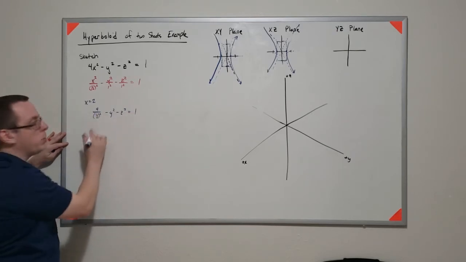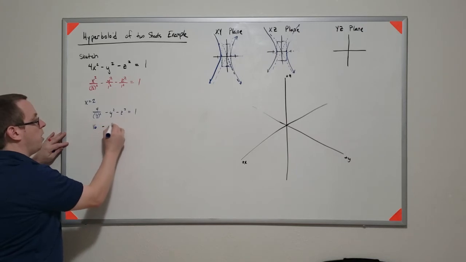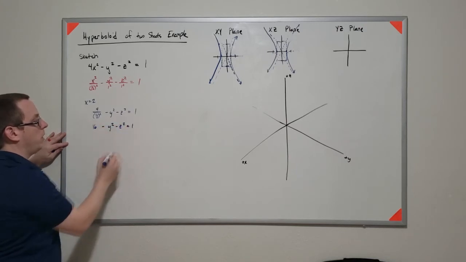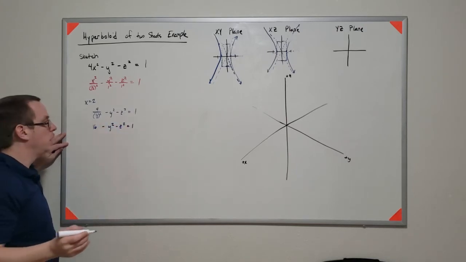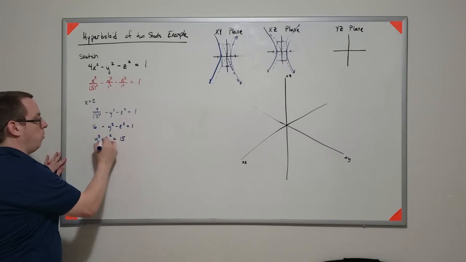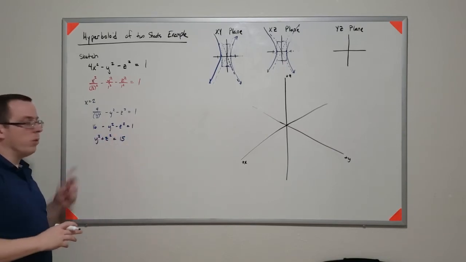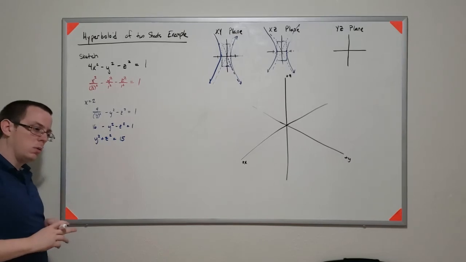When I multiply that out, what I get is 16 minus y squared minus z squared equals 1. With a little bit of rewriting, what you find is y squared plus z squared equals 15. Well, that's the equation of a circle.